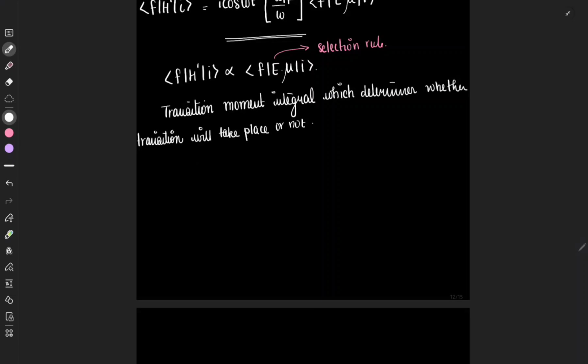let's take a simple example. Let us suppose there's an electromagnetic wave, and this is the direction of propagation of the wave. Okay.